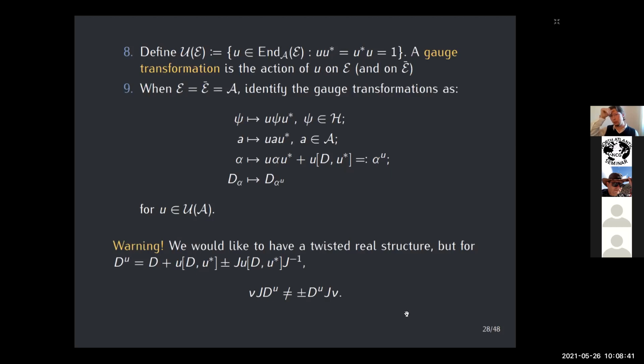So that's all good and well for the regular case, but we're interested in twisted real structures. And you can already see that something's going to go wrong, because even if the original Dirac operator has the right commutation relation with nu and J, the pure gauge fluctuation won't. This is the simplest case for a gauge transformation of the Dirac operator. If that fails, we've got a real problem.